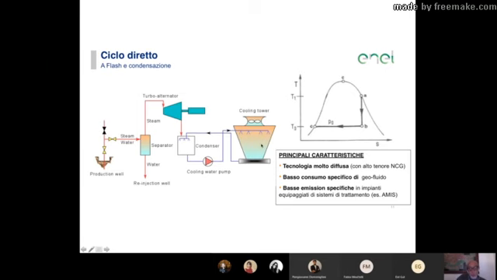Of course, if the air is very cold, the cooling is very efficient, and a lot of the water actually condenses at the bottom here and, as you see through this line, the water exits the cooling tower at about 25 degrees, but in winter it can be much lower, like 16 or 15 degrees centigrade, and then it's sprayed down into the condenser, mixing with the vapor and condensing the vapor.